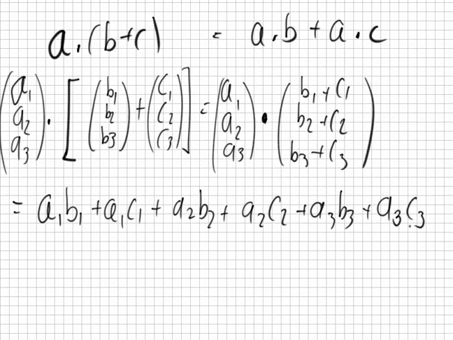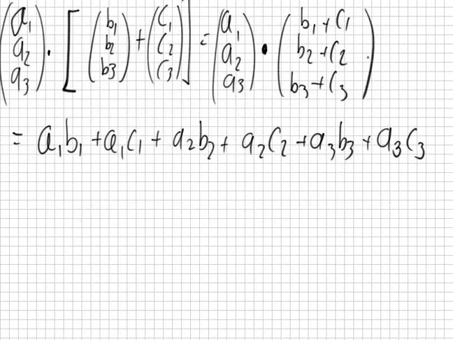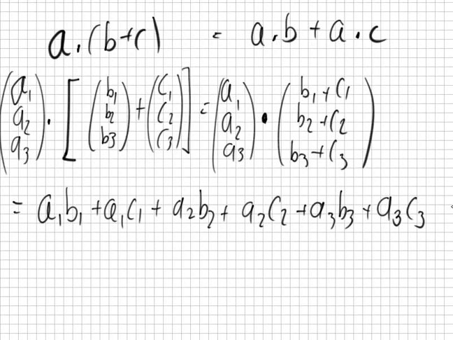Now let's start at the right hand side and see if it matches up. We should do both sides. So on the right we have AB plus AC.